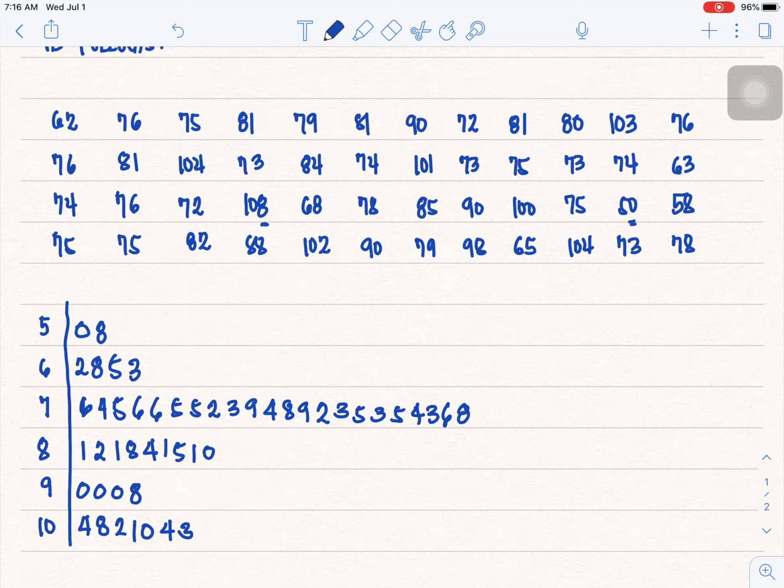Okay? So we have there our stem and leaf display.